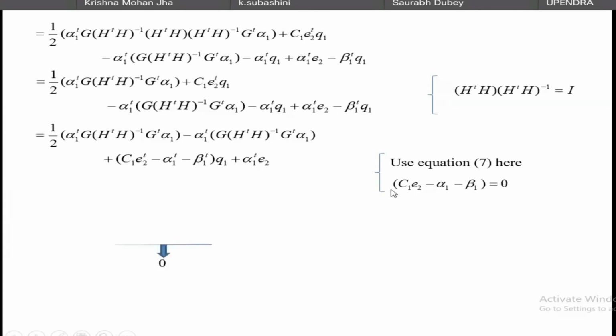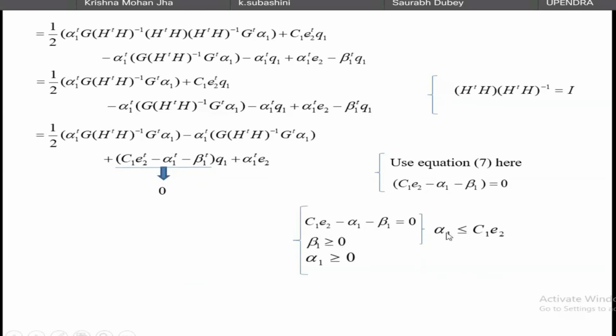So that means you can take it as 0. So this whole term will become 0. And from C1 E2 minus alpha 1 minus beta 1 is equal to 0, you can conclude that alpha 1 is less than or equal to C1 E2.